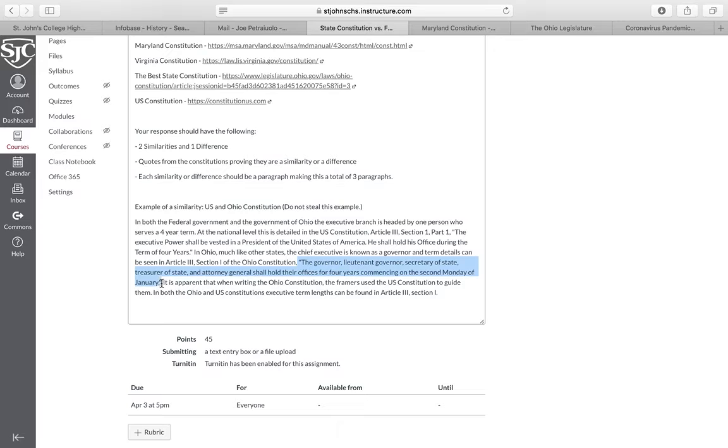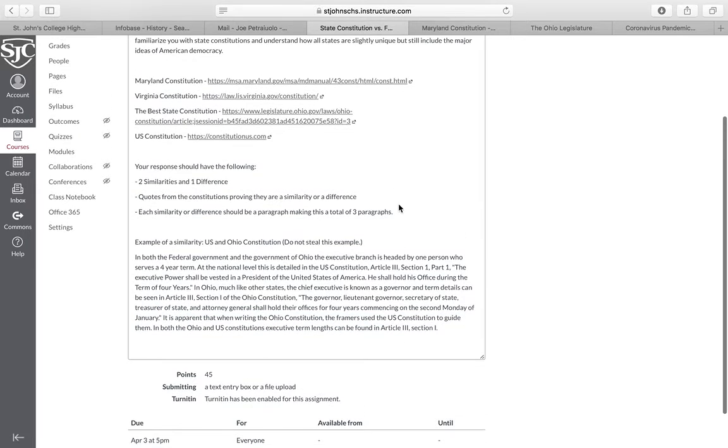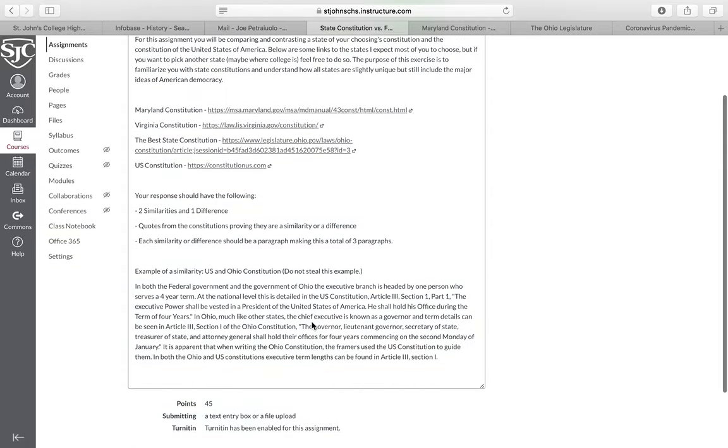So that also explains that there is a 4-year term for the governor. That's all this is really doing, and then I said it is apparent that when writing the Ohio Constitution, the framers used the U.S. Constitution to guide them, and both Ohio and U.S. Constitution's executive term lengths can be found in Article 3, Section 1. So then I just had a little thing to wrap it up.